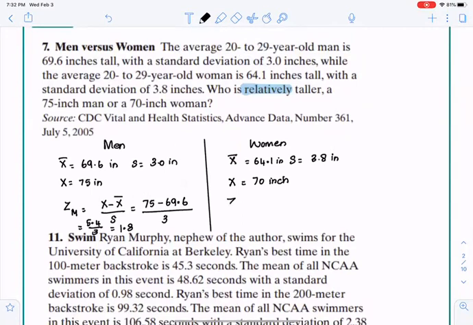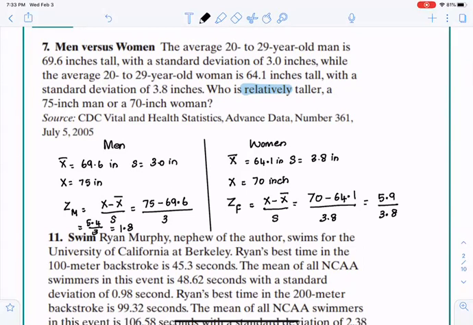We could do the same for females, X minus X bar over S. The observation is 70. The mean is 64.1. The standard deviation is 3.8. So we will have 5.9 divided by 3.8. That should be close to 1.7. Let me check.